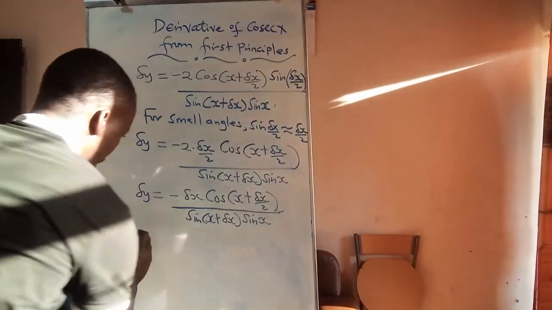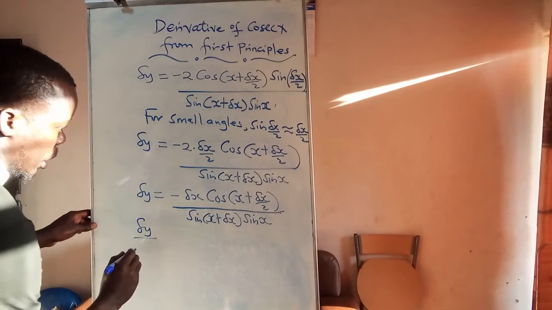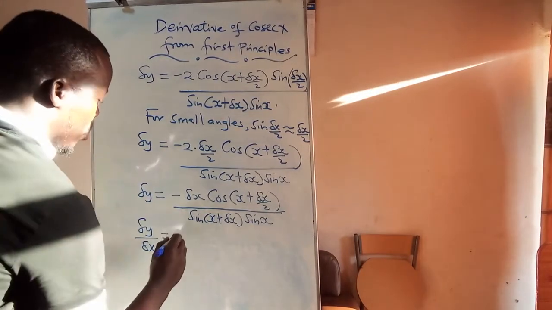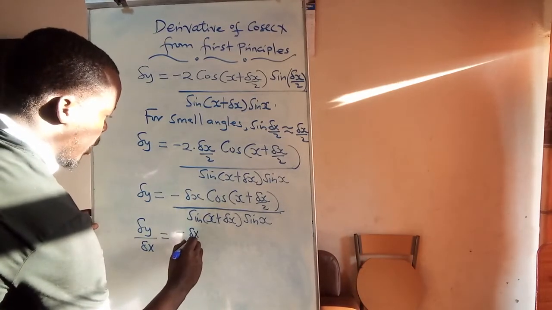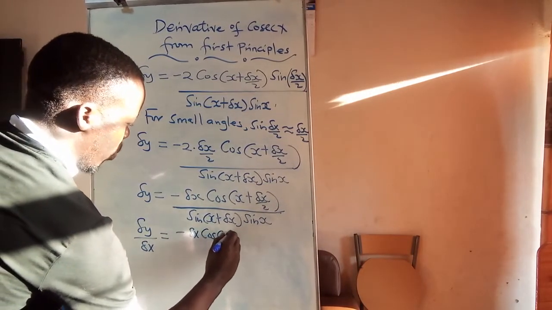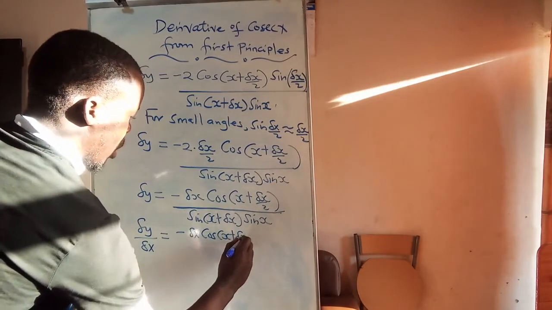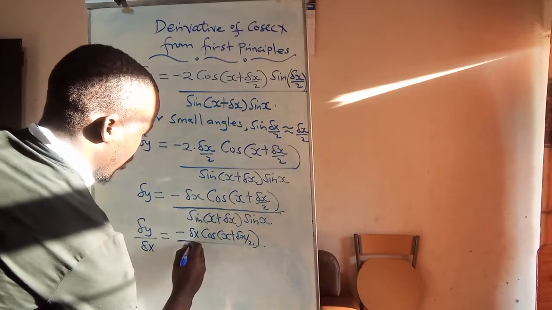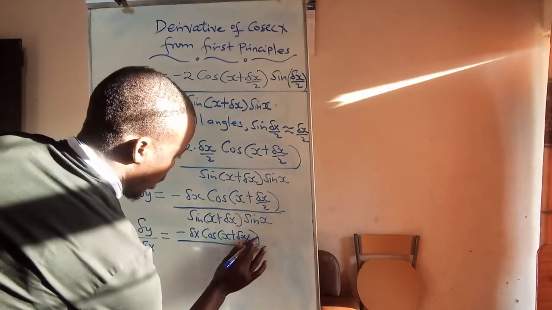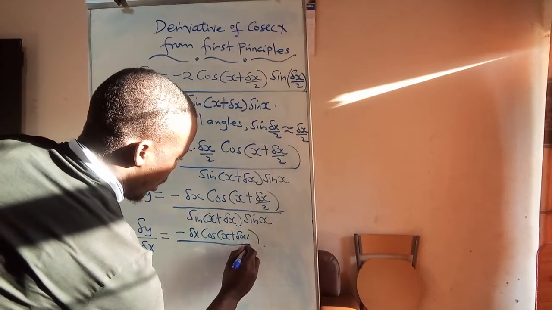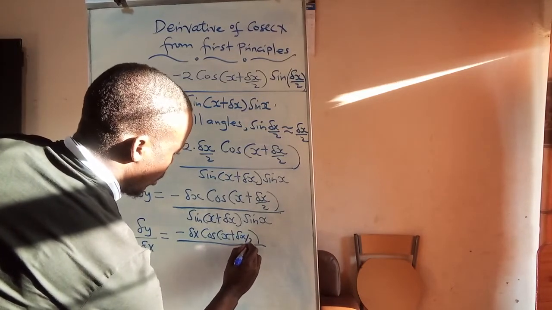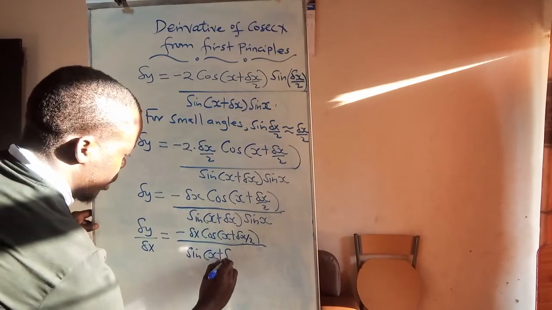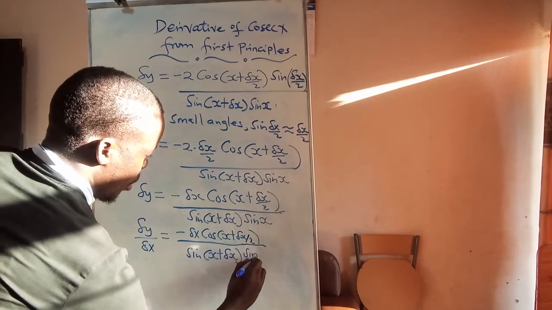So it means we shall have delta y over delta x equals minus delta x cos of x plus delta x over 2, divided by sine of x plus delta x, then sine x.